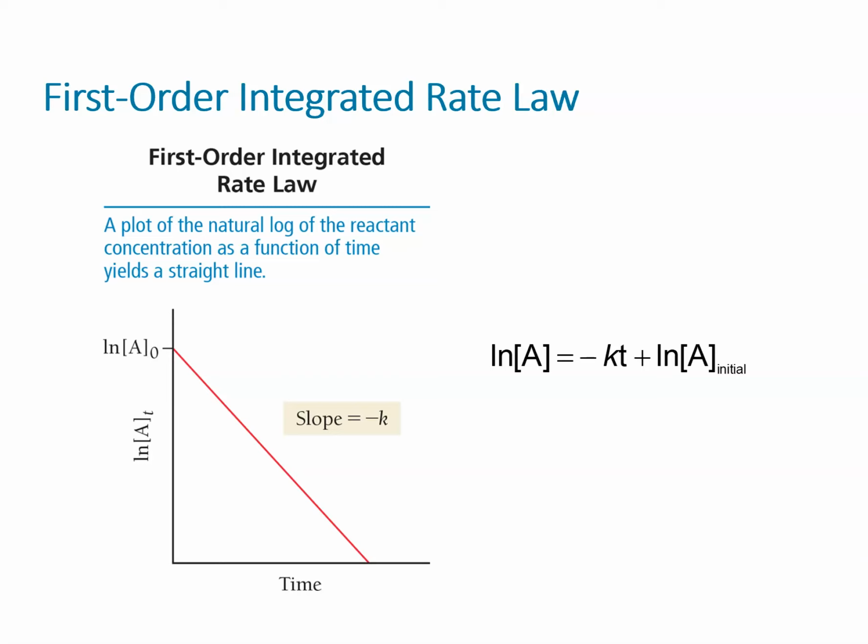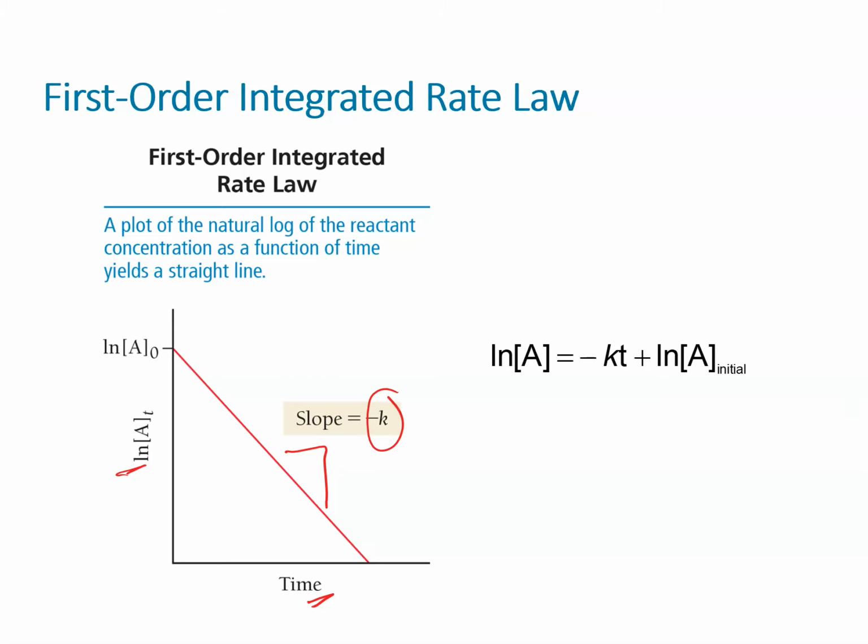So because we can take this as a y equals mx plus b straight line plot, the plot of the natural log of the reactant concentration as a function of time should give us a straight line for these first order processes. So over here on the y-axis, we've got natural log of concentration of reactant A at time t, and here we've got time t, and the slope of this line is minus k.